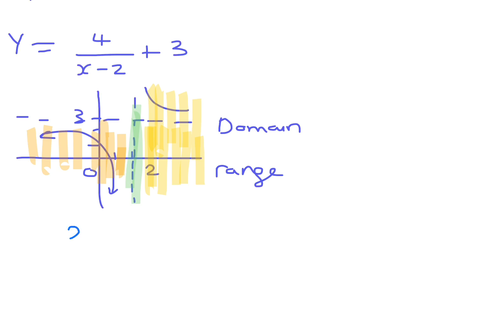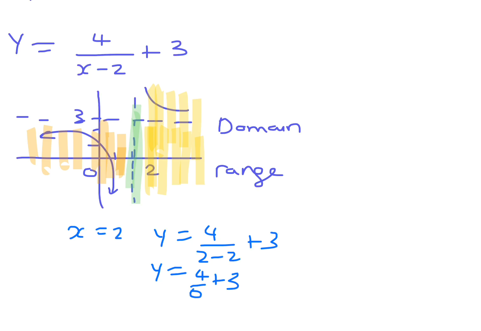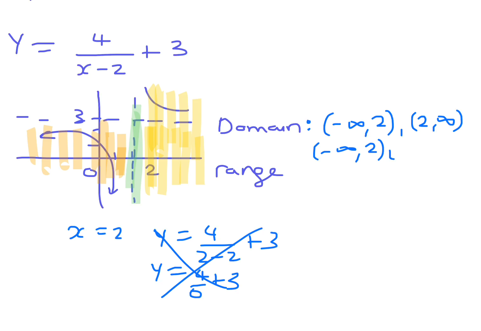At x equals 2, it will be undefined, since you get 4 on 0, plus 3. In interval notation, it's minus infinity up to 2, and then from 2 up to infinity. You could also use the union notation if you wanted. Or you could say all real x except x equals 2.